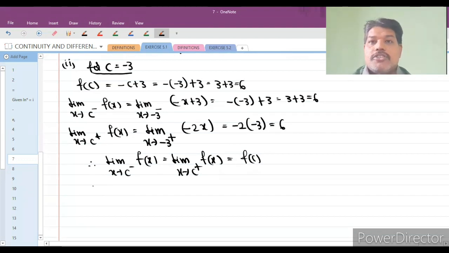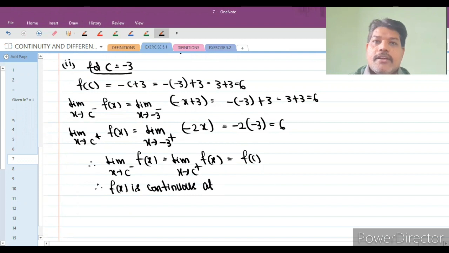Therefore the given function f(x) is continuous at x is equal to -3. All understood, students? So that is case 2.